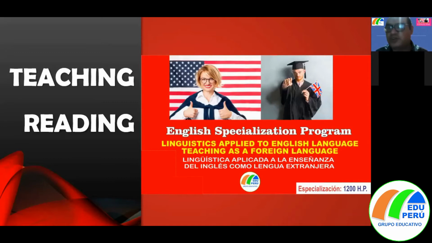What are we going to do in this process? There were two aspects when we read something. Can you remember these two aspects involved in this process of reading?